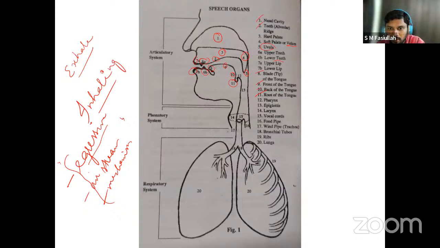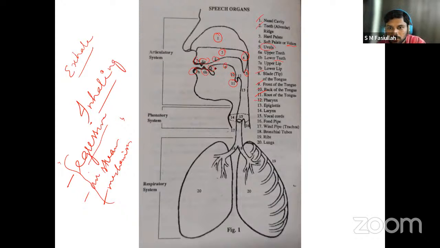So why are we not telling just one tongue as one particular organ involved in production of sound? We are specifying 4 different regions within the tongue, and these 4 different regions play some role in production of some kind of sound. So that is why we have these 4 different regions.